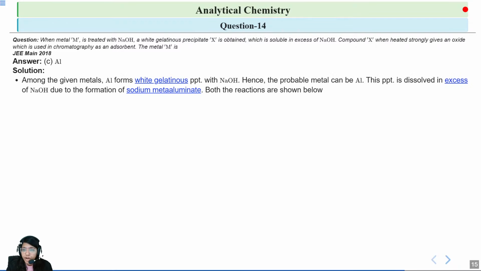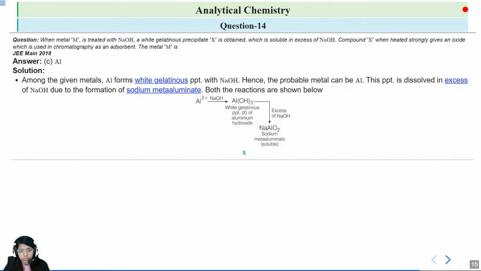When aluminium reacts with NaOH, it forms a white gelatinous precipitate of aluminium hydroxide, Al(OH)3. This precipitate dissolves in excess of NaOH, sodium hydroxide, to form sodium meta-aluminate. Here we have the reaction.